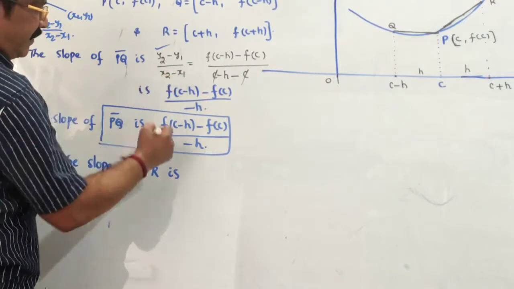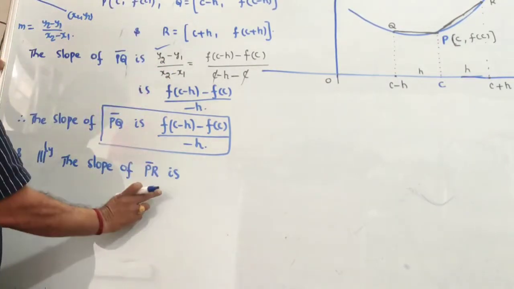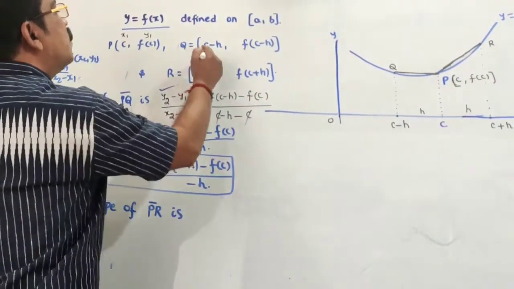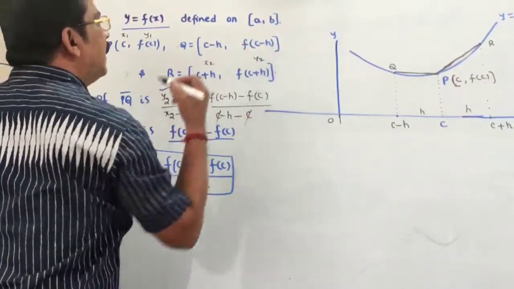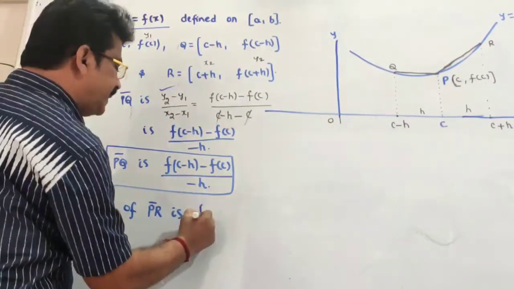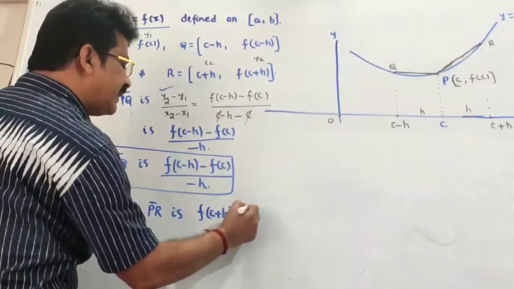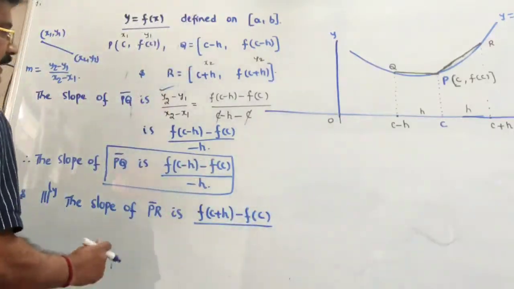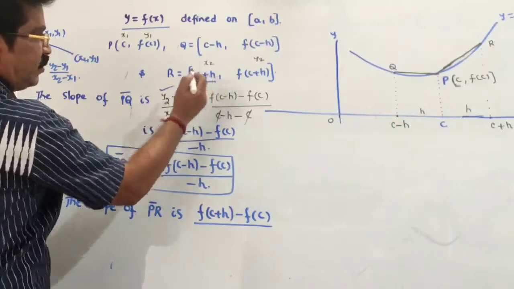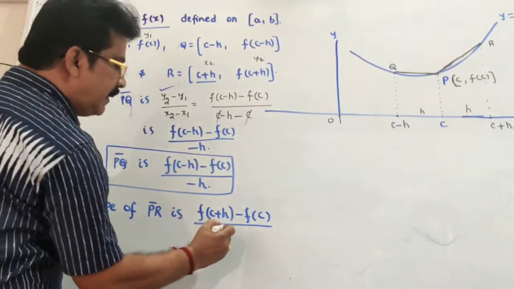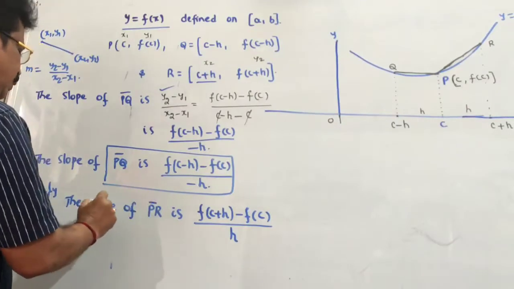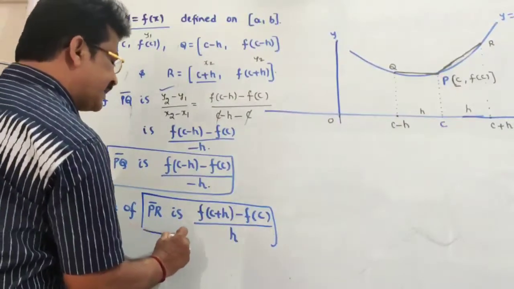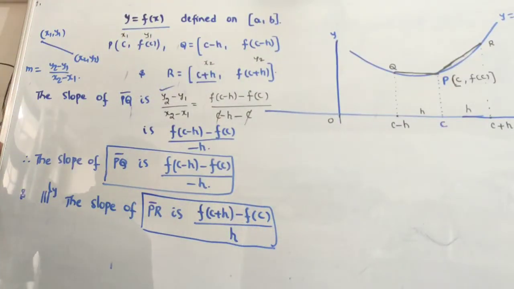So using the same formula, P means x1 y1, and the capital R coordinates are x2 y2. Applying the same formula, it becomes f of c plus h minus f of c divided by x2 minus x1. Here x2 is c plus h minus c, c cancels, it remains plus h. So the slope of PR bar is f of c plus h minus f of c divided by h.